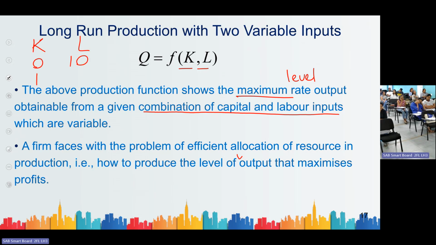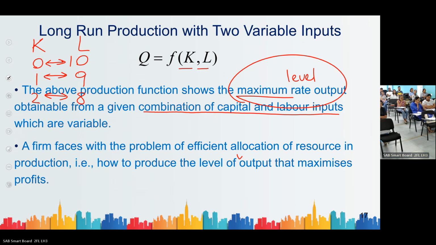With 1 unit of capital, we can utilize, let's say, 9 units of labor. With 2 units of capital, we can combine, let's say, 8 units of labor. Likewise, there may be different combinations of labor and capital. The production function shows the maximum level of output that can be produced using different combinations of labor and capital.